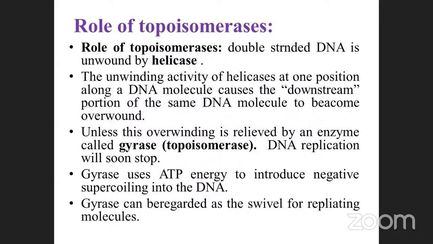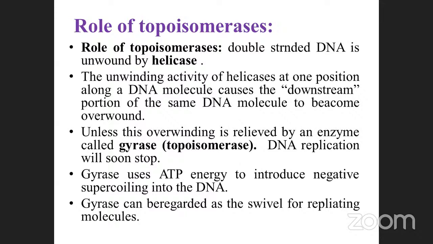A portion of the same DNA molecule becomes overwound, unless this overwinding is relieved by the enzyme called gyrase, a topoisomerase. Unless this is relieved by gyrase, DNA replication will soon stop.